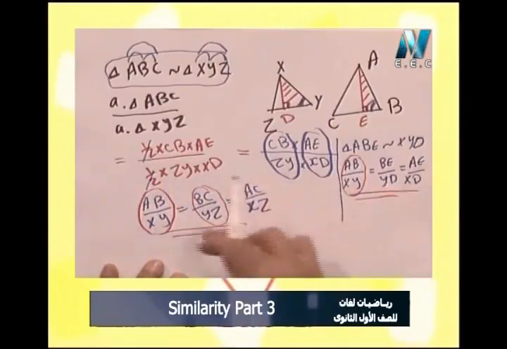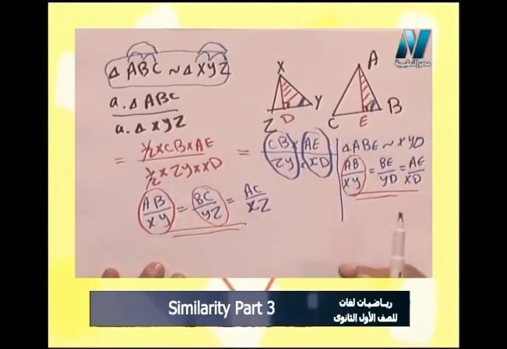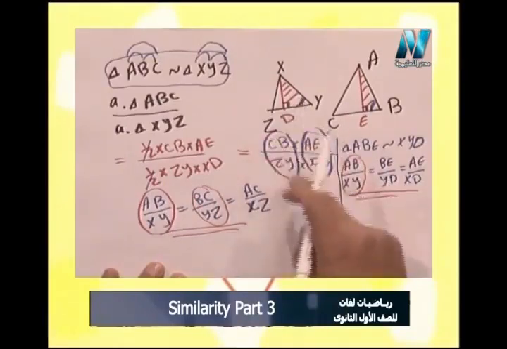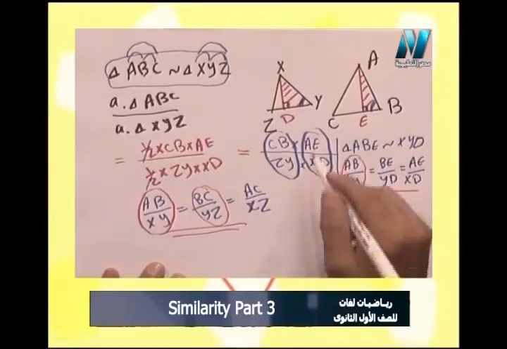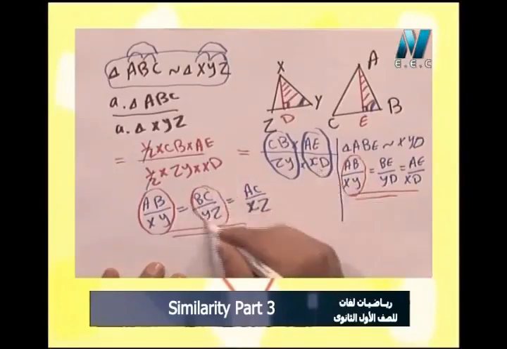So these ratios are equal. So we can replace any of these two ratios by any one here, because all ratios here equal all ratios here. So we can replace AE over XD by CB over YZ.